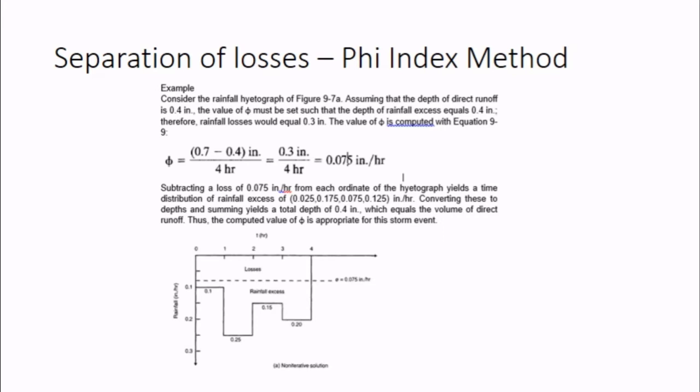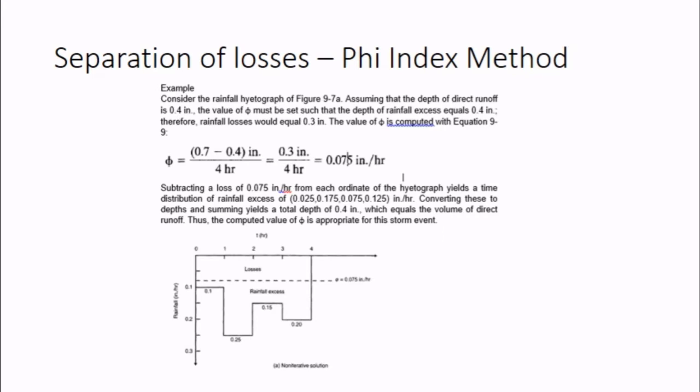Okay. So, consider the rainfall hyetograph assuming that the depth of runoff is 0.4. The value of phi must be set such that the depth of the rainfall excess equals 0.4 inch. Therefore, rainfall losses would equal 0.3. The value of phi is computed with equation 9-9. 0.7 minus 0.4.